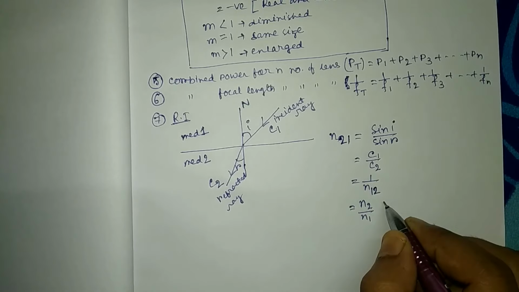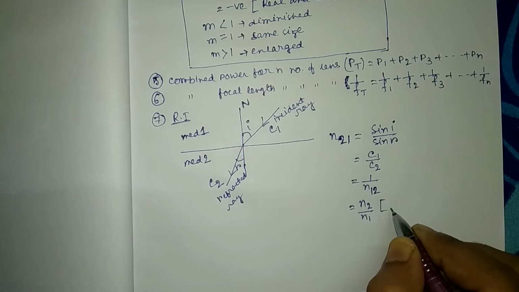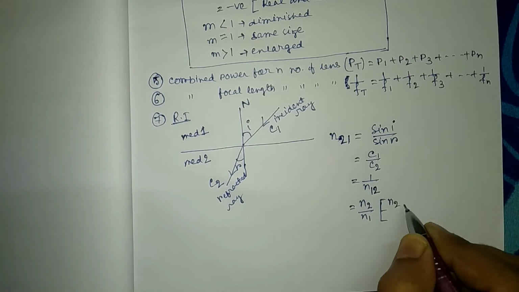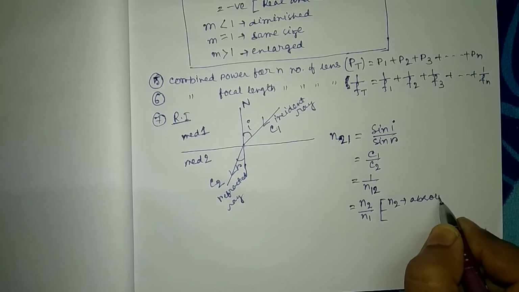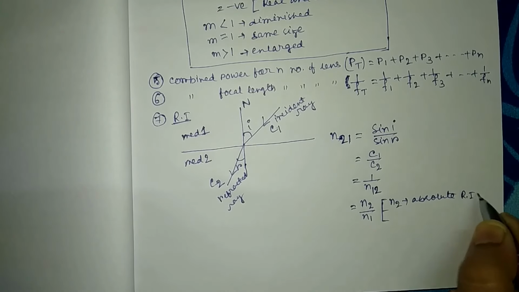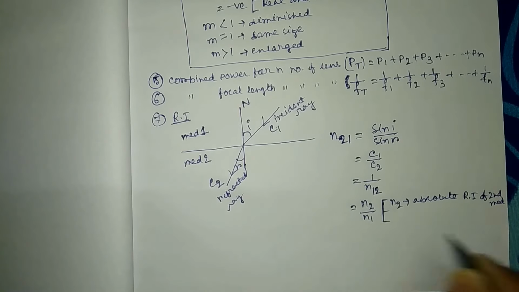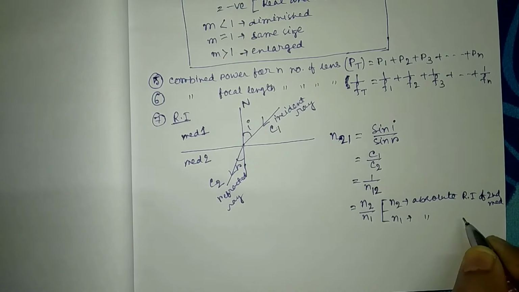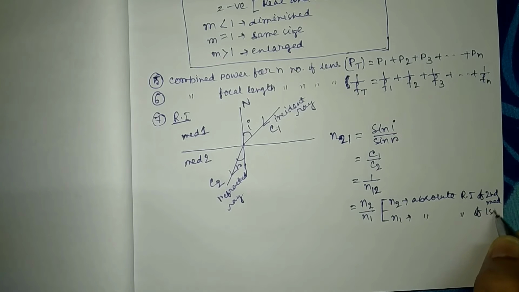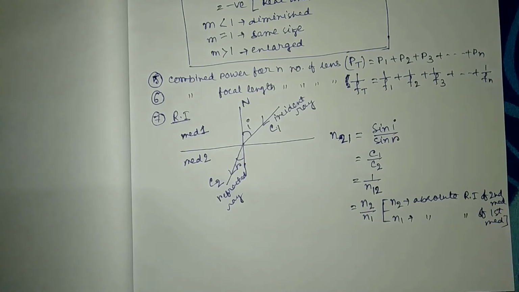Okay, here N2 is the absolute refractive index of the second medium and N1 is the absolute refractive index of the first medium.